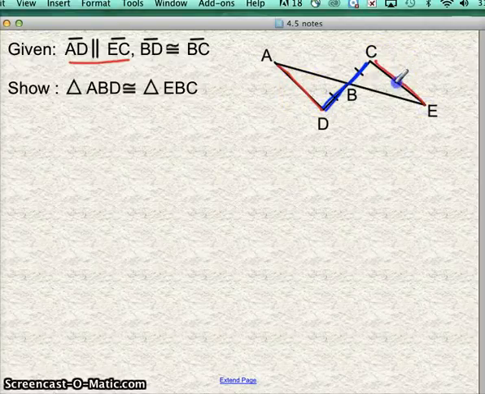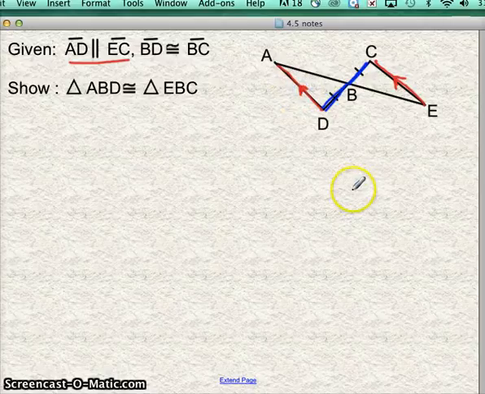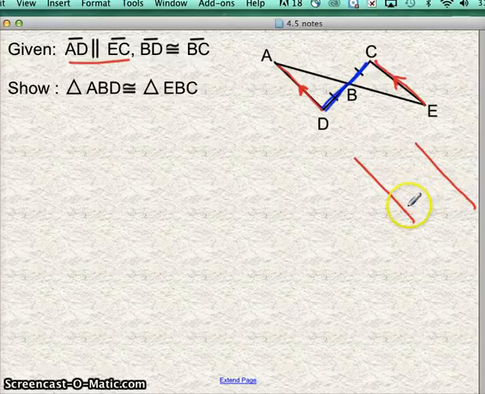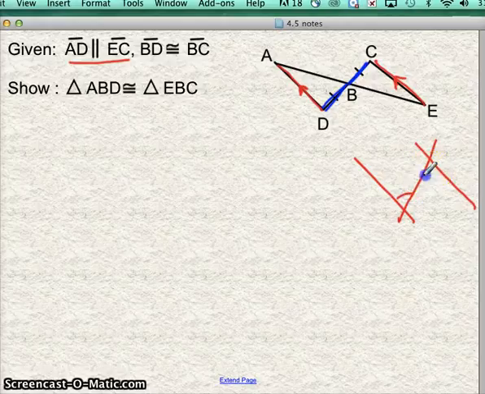Parallel, not congruent, parallel. Well, back a couple chapters ago when we had two parallel lines and a transversal cutting through them, we would talk about things like alternate interior angles being congruent, right?